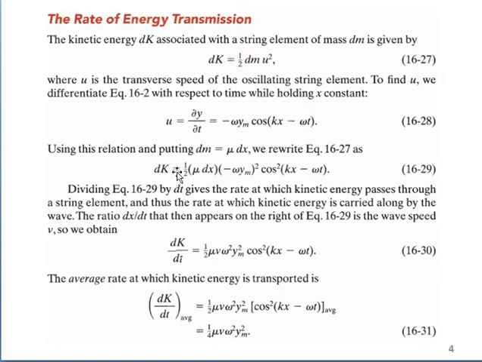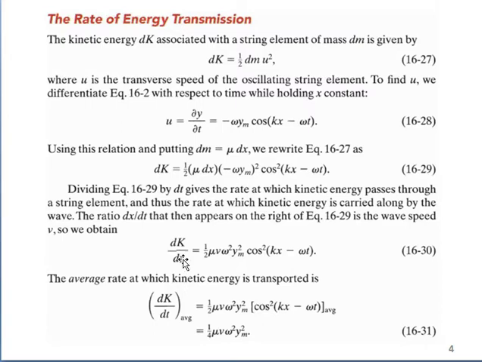If we divide this equation throughout by dt, we get dk by dt, which is the rate at which the kinetic energy is transported.